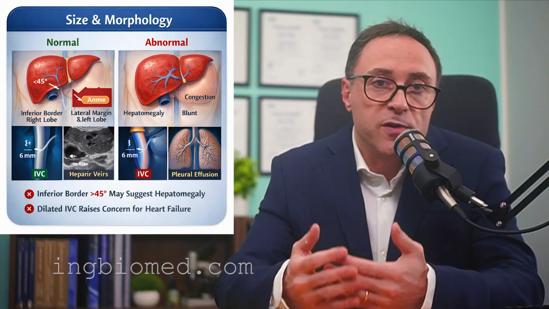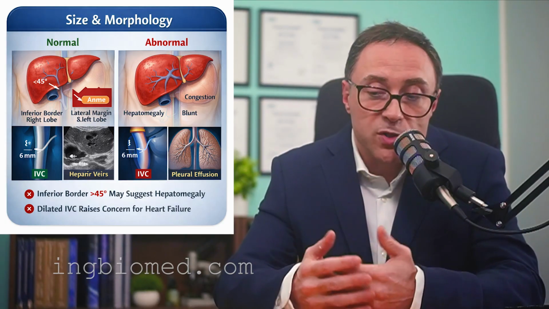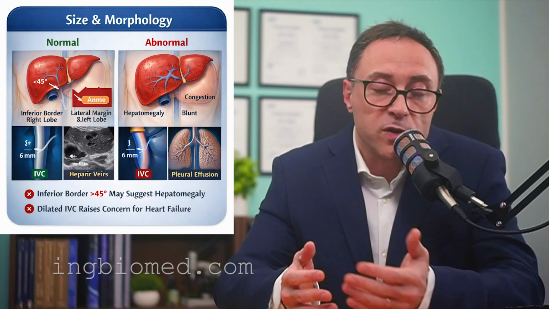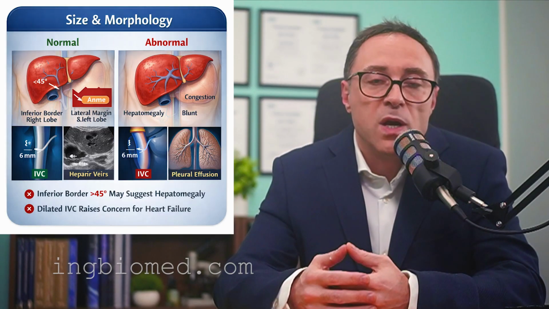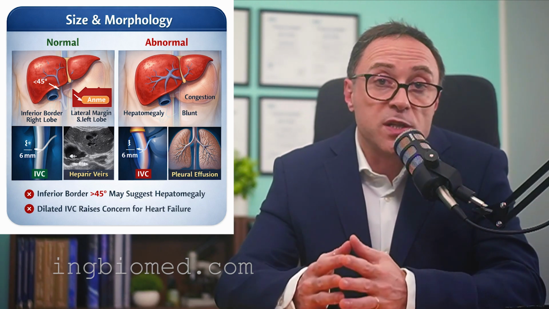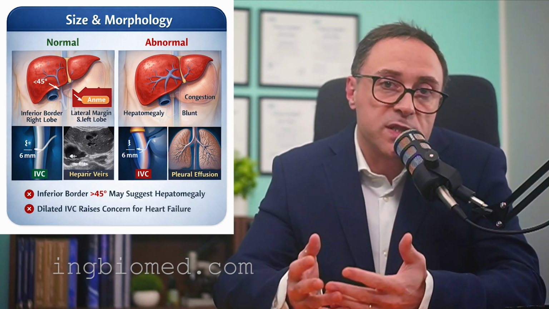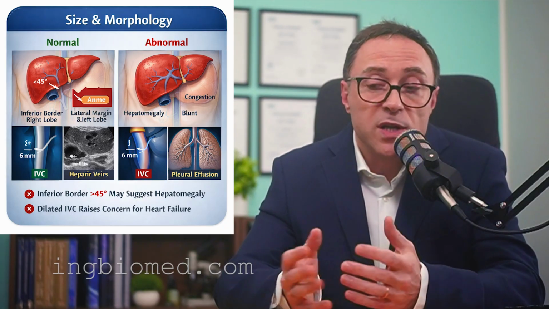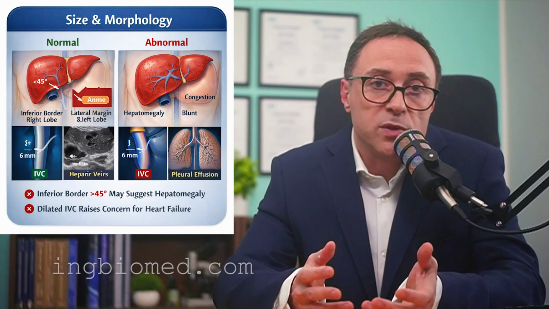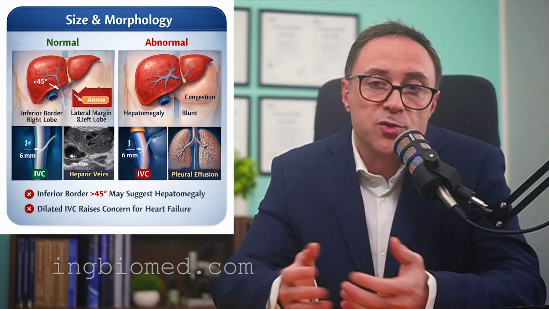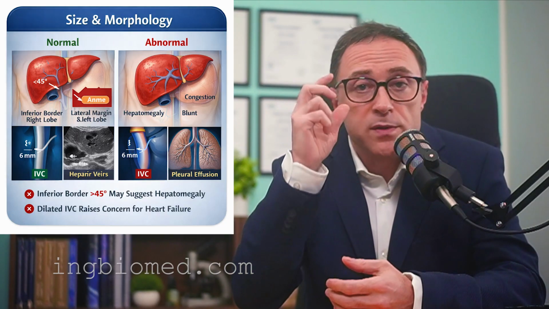Normally, the inferior border of the right lobe is sharp, with an angle below approximately 45 degrees. Rounding of this margin may suggest hepatomegaly or congestion. Similarly, the lateral margin of the left lobe should be acute. Blunting may reflect pathological enlargement.